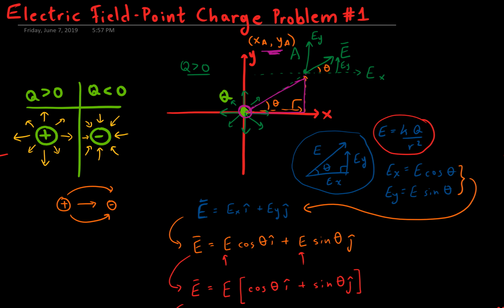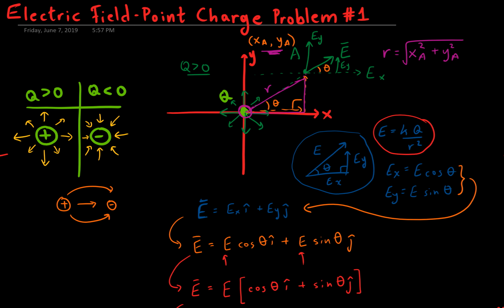And we see that that distance r from the charge to point A is described as xa squared plus ya squared, which are the x and y components or coordinates of point A, square root. And that's pretty much it.